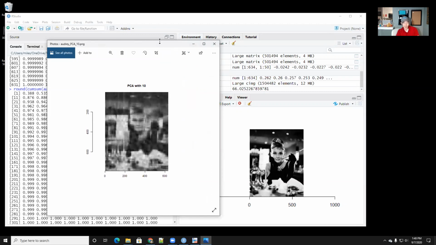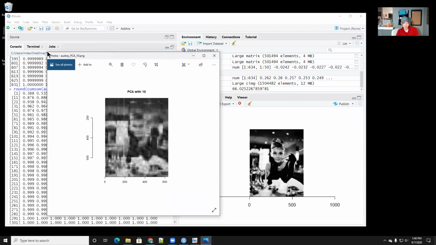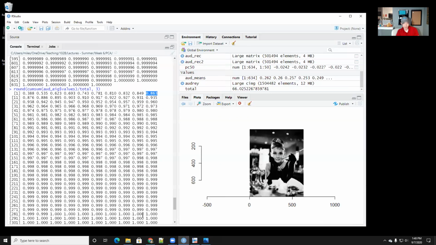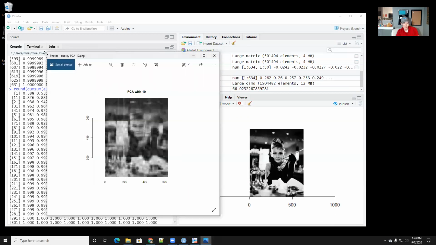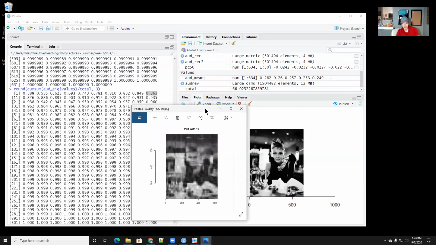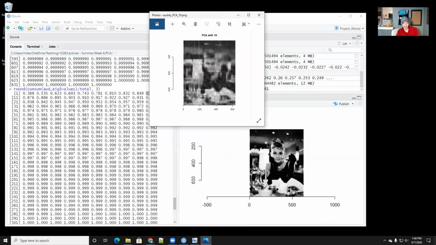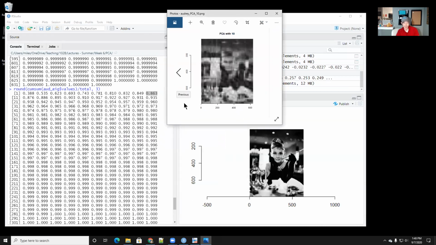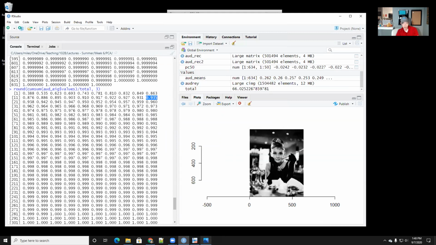So this image represents 86% of the variation in the values that appear in here. And when you go up to 20 principal components, that's around 93% of the variation.